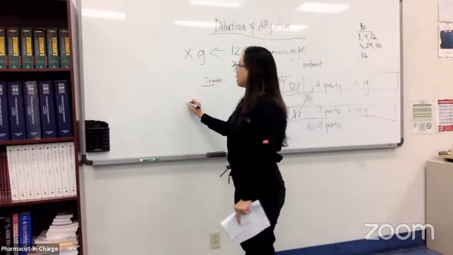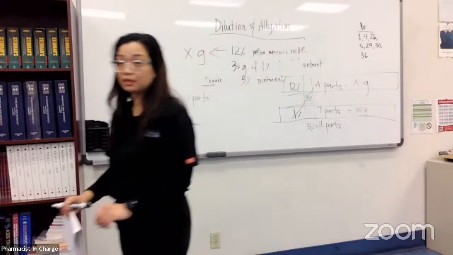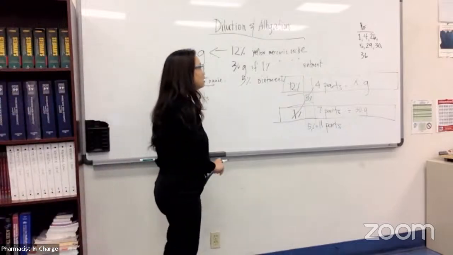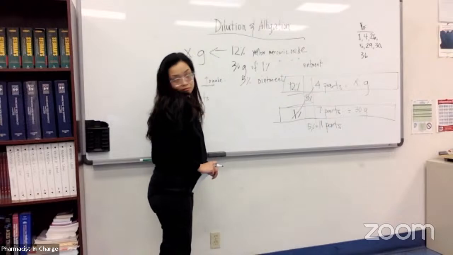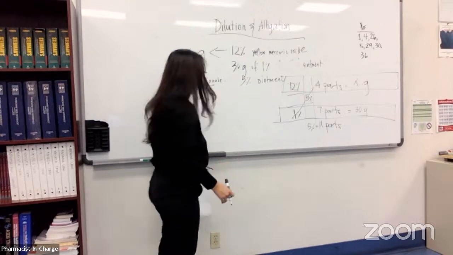If 7 parts, this is my way. Okay, because in the book it's different. It's going to be in fraction form. But because students told me they understand ratio and proportion better, my pharmacy professor said there's not a single problem in math that you cannot solve using ratio and proportion.